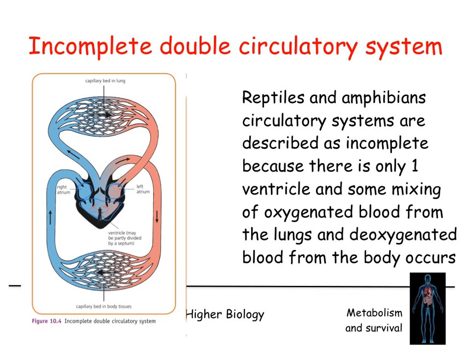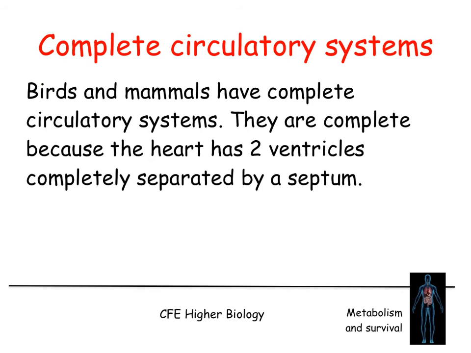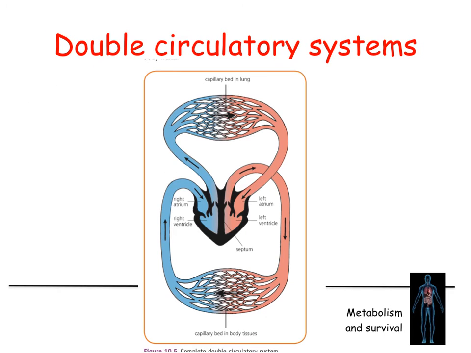double circulatory system. When it comes to a complete circulatory system, birds and mammals have got complete circulatory systems, and they are complete because the heart has got two ventricles which are completely separated by a septum. So if we have a wee look at a double circulatory system, it looks like this.